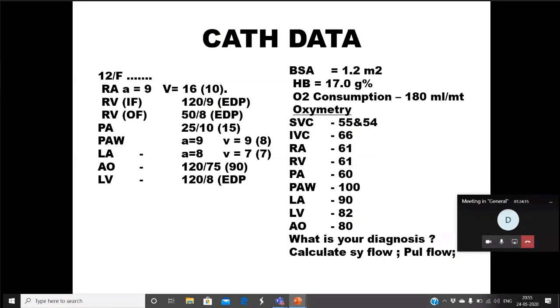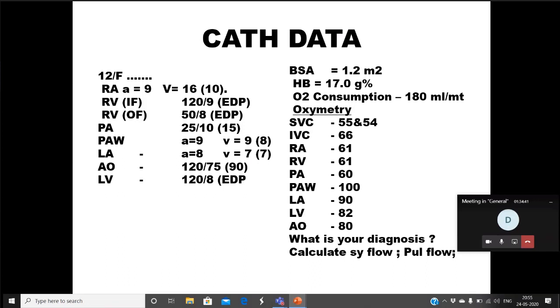Okay. So we have, sir, RV systolic and LV systolic pressures that are equal. So there is a non-restrictive defect between the RV and the LV. No, just because two pressures are equal, you cannot draw that conclusion.